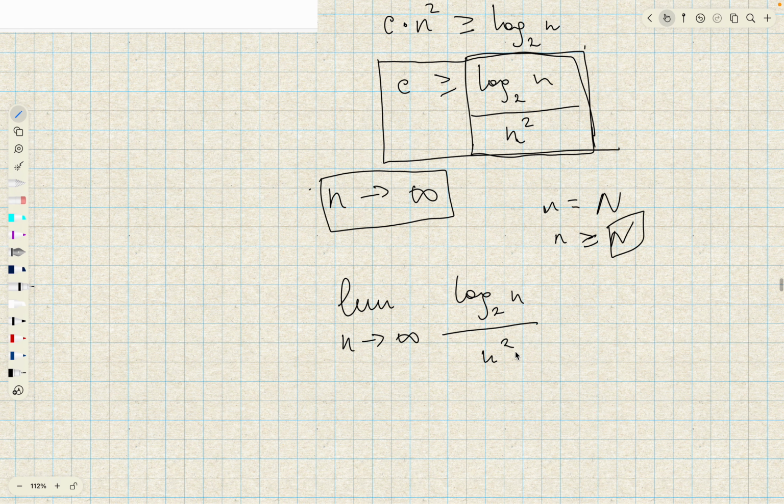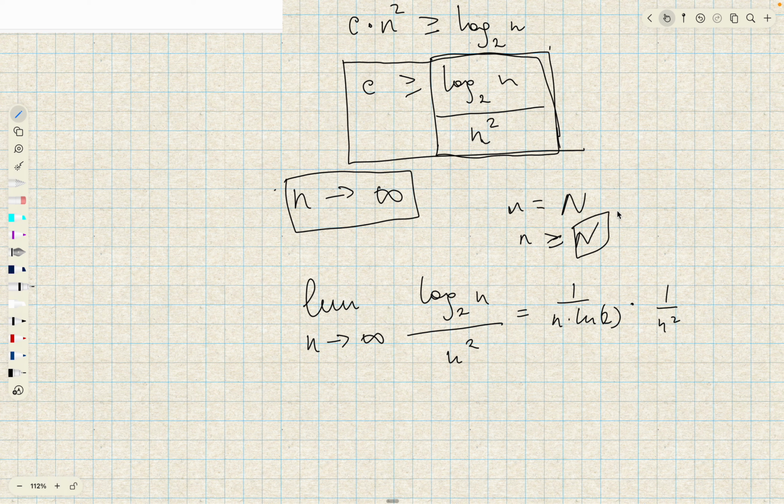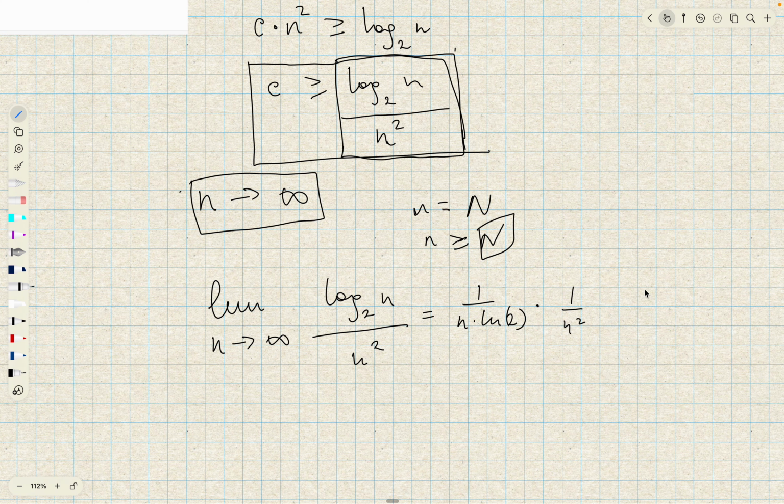Without really calculating it directly, we can take derivatives: 1 over n ln 2 in the numerator, and 2n in the denominator.